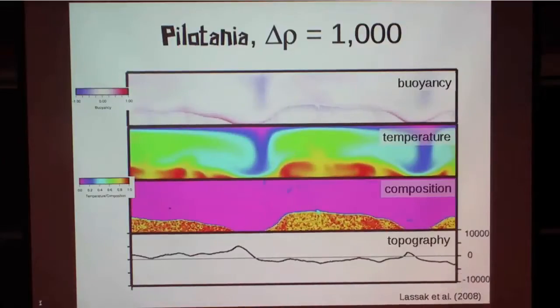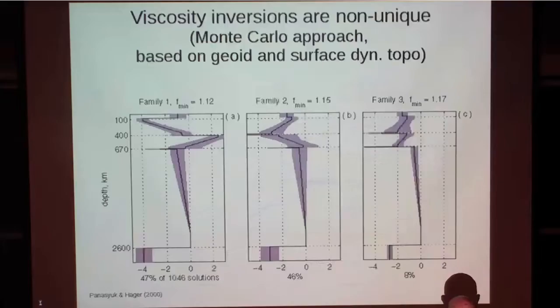Now, CMB topography estimates from seismology at least used to be quite uncertain. Maybe this is something that's worthwhile revisiting, but with a note that the interpretation will depend to some extent on the dynamics, because the effective buoyancy is a little bit more complicated in this case. We can use the geoid now and the dynamic topography to do a little bit better in terms of inverting for viscosity structure.